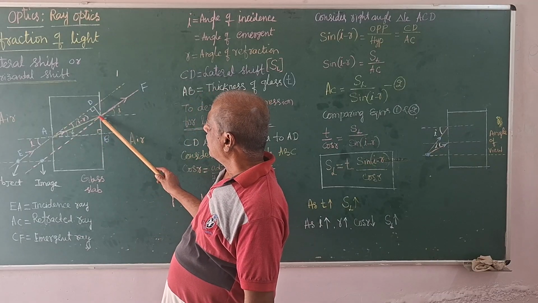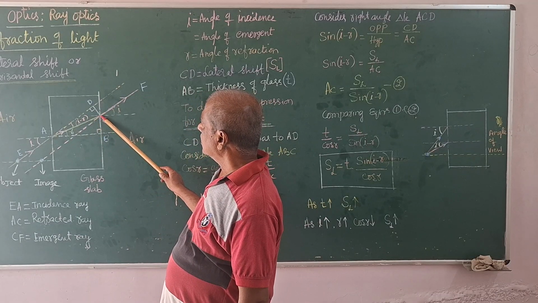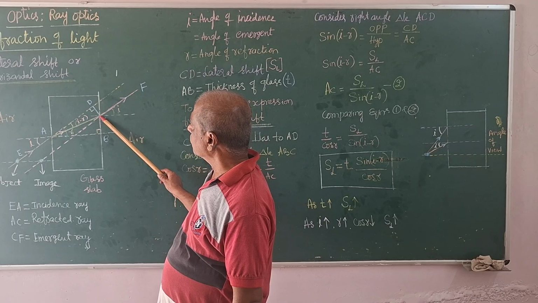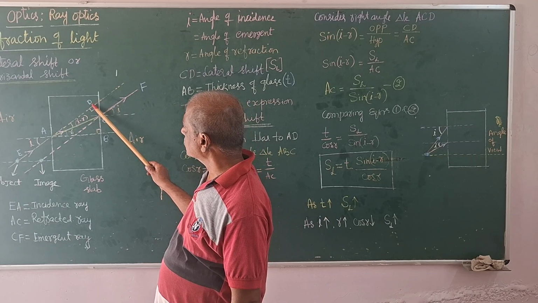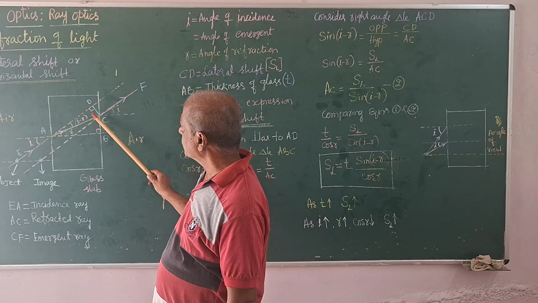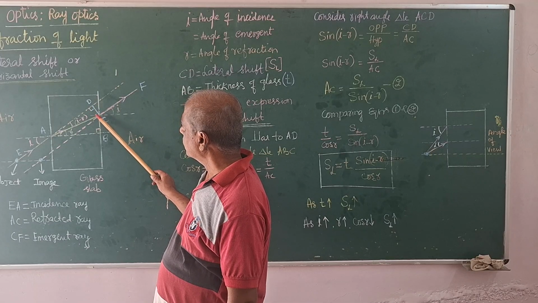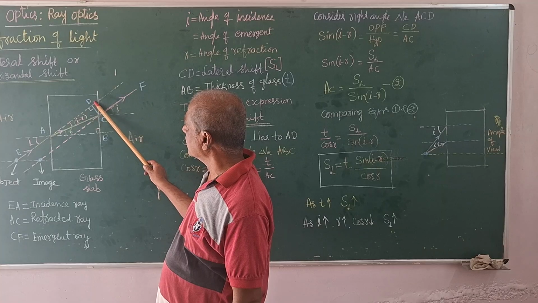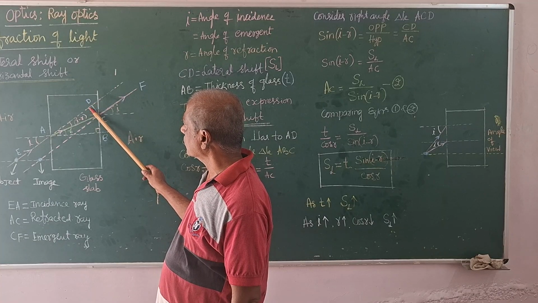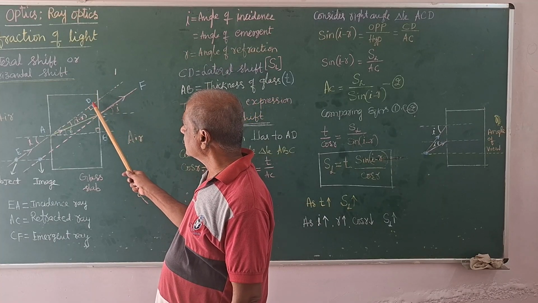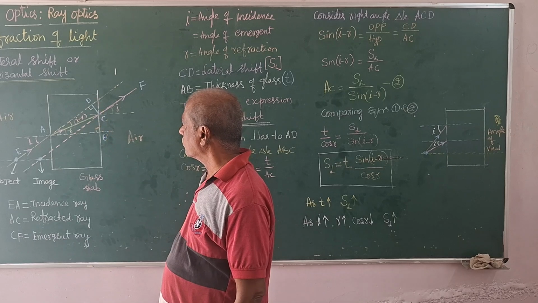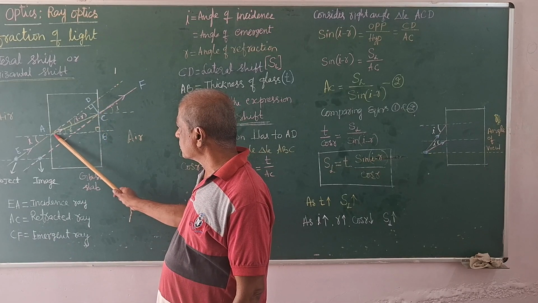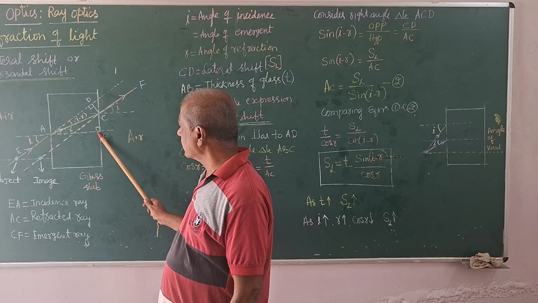Emergent ray, incident ray, refracted ray. Let us draw a perpendicular line to this line from this point. This is a 90 degree angle. This line is called the lateral shift. And this normal is extended at this point till this interface.